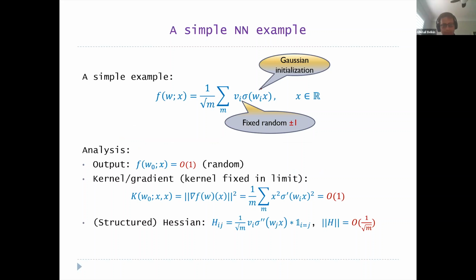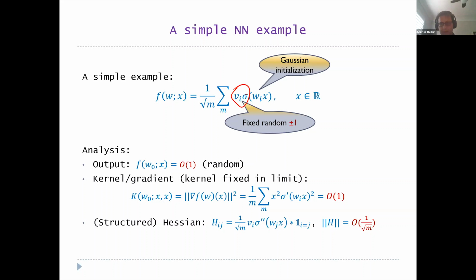So what is the example? It is a very simple 2-layer neural network with the last layer being fixed. I'm just fixing these to be plus or minus 1, and the w_i's are Gaussian, and I'm only training the w_i's.